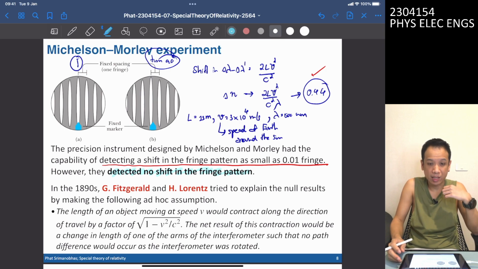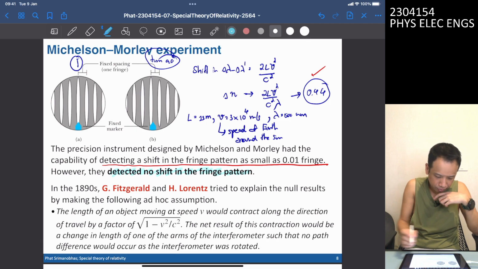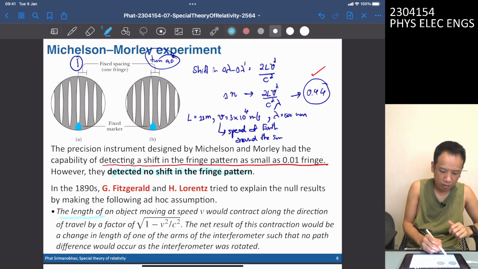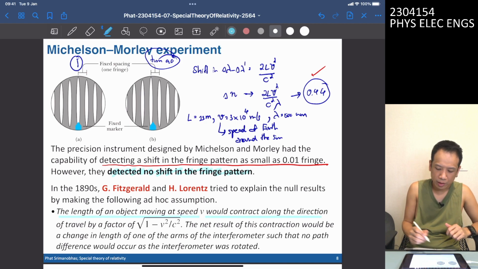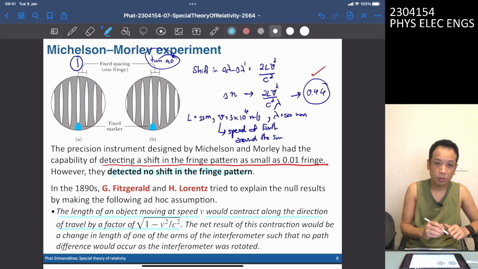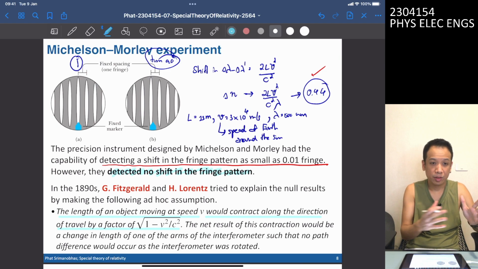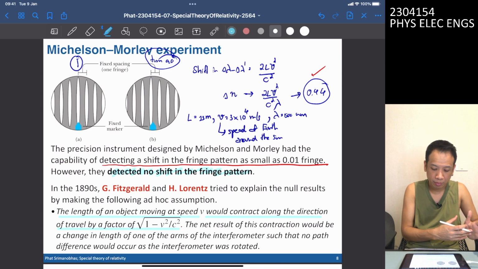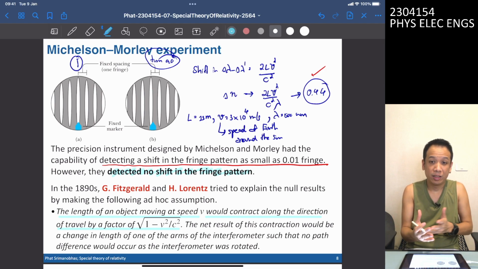So what they say is that the length of an object moving at the speed v would contract along the direction of travel by these factors. The result of the contraction changes the length in one arm, so that there is no path difference at all.